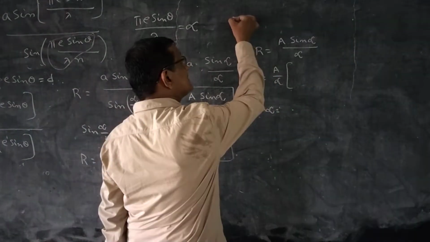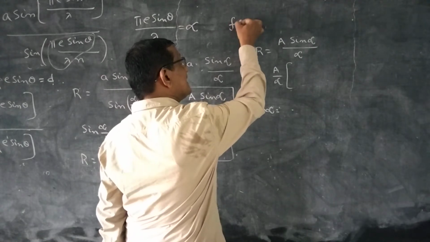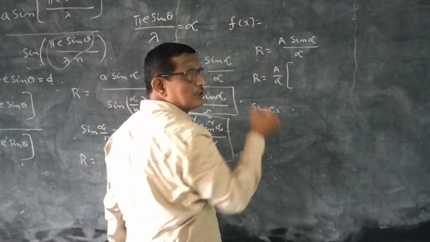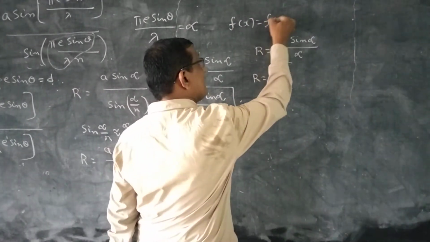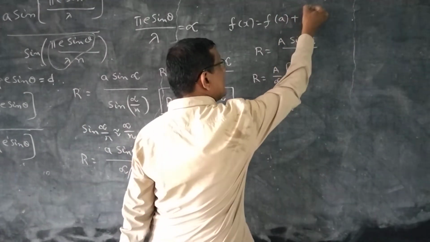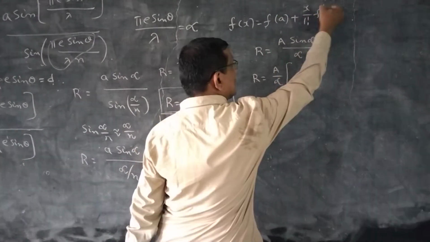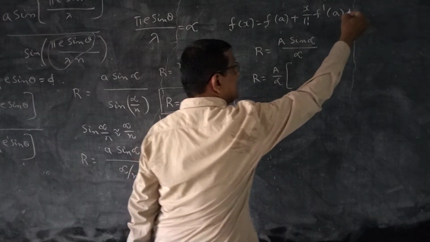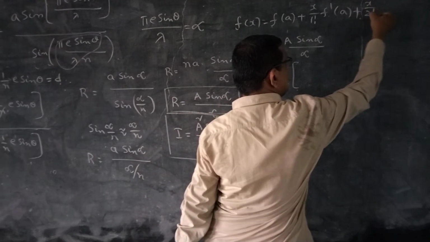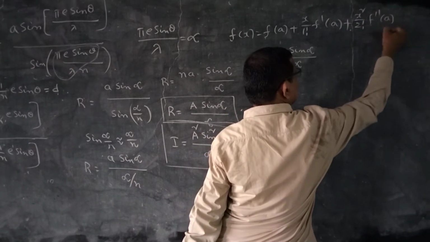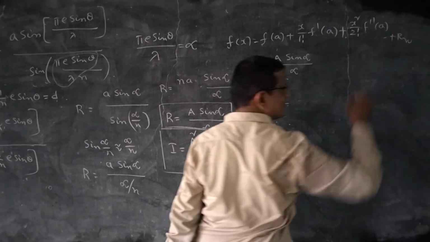According to the Taylor series, for any function f(x), at a particular point a, f(x) = f(a) + x/1! f'(a) + x²/2! f''(a), and so on, plus Rn, where Rn is termed the remainder.